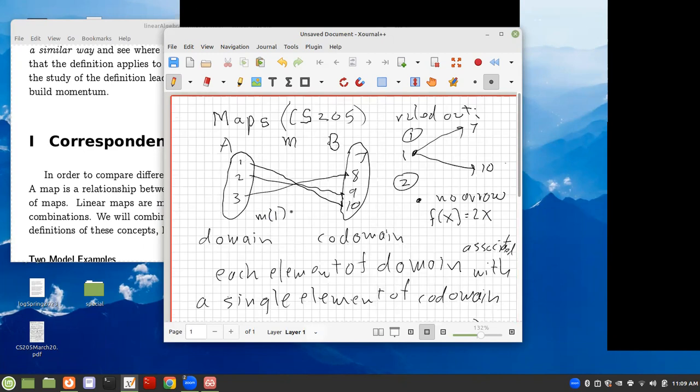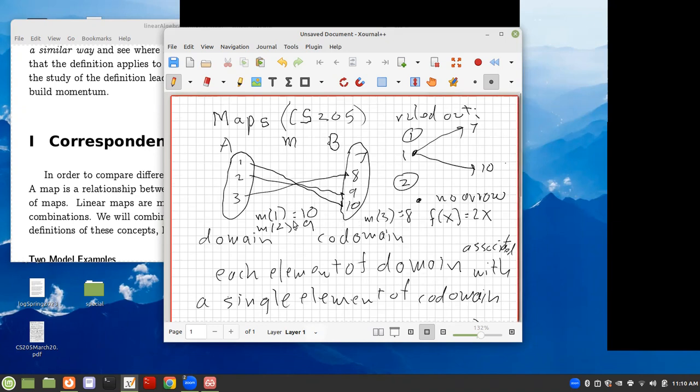So this is the same thing. M of 1 equals 10, M of 2 equals 9, and to be complete, M of 3 equals 8. So this is just pairing up, showing you the element of the domain here, and with M you can choose any domain element and you get out a codomain element.